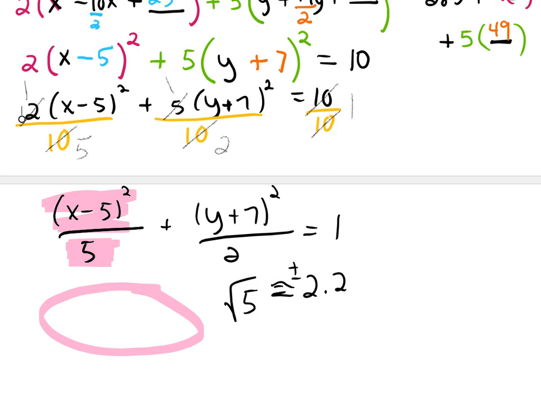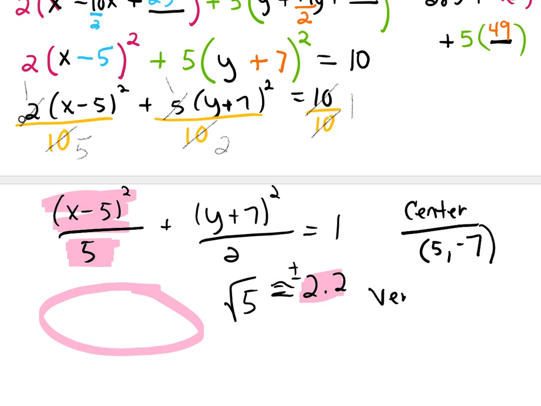My center is at positive 5, negative 7. But this 2.2 is going to shift it 2.2 to the right or 2.2 to the left.